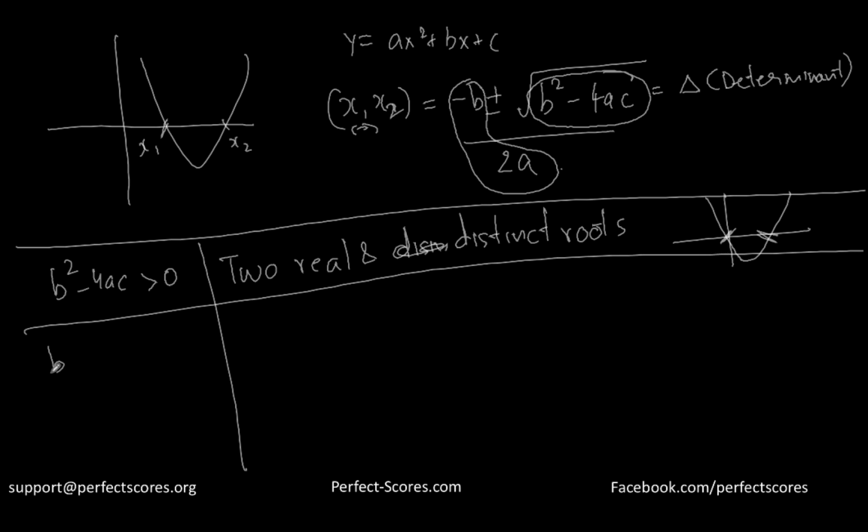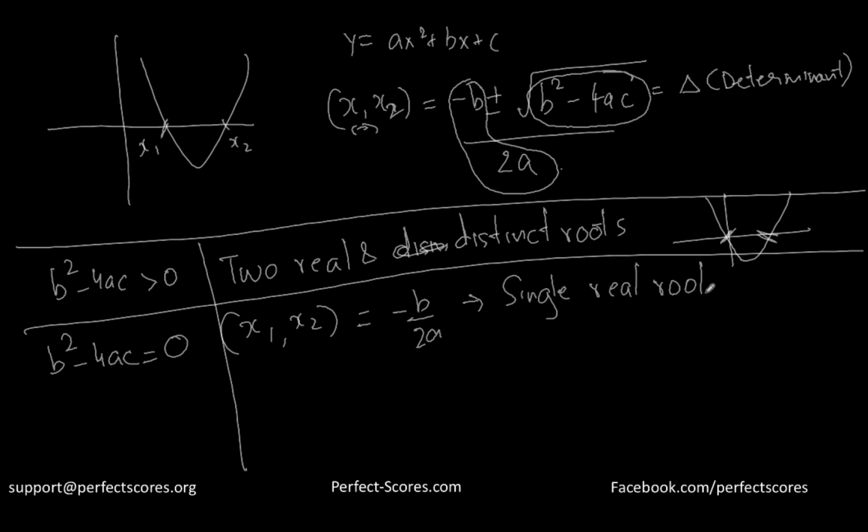But if b squared minus 4ac is equal to 0, then your roots x1 and x2 are both equal to minus b over 2a, because this is 0. That means you're going to get a single real root. One example of such an equation is y equals (x plus 1) whole squared.